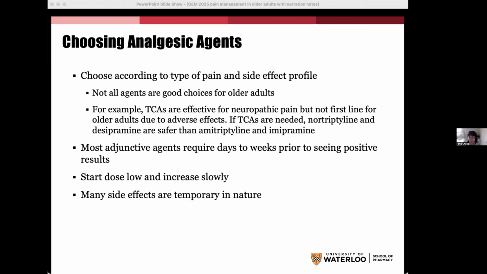If the dose is too low and the drug is not actually doing anything, you might as well just get rid of it instead of keeping it at that low dose, unless you're doing that low dose intentionally for synergistic or complementary, like adjunct effects. Many side effects are temporary, and this is something you could reassure the person with.